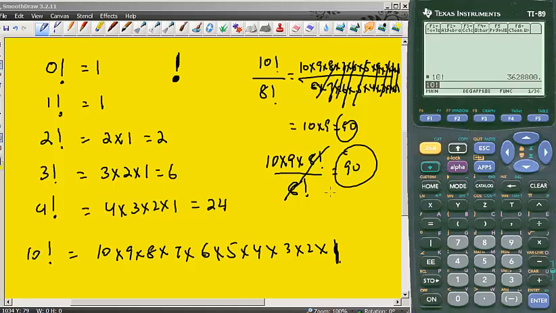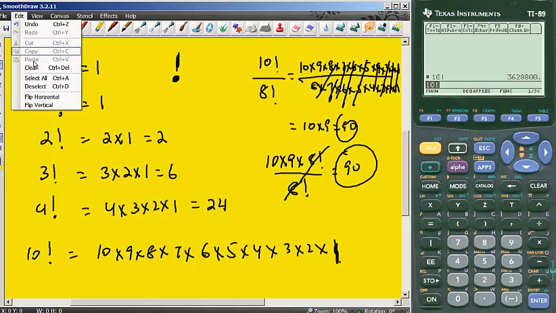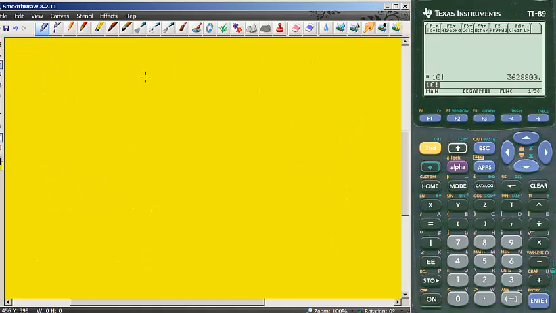Now, this is NCR. For example, let's say I have 10 factorial over 7 factorial times 3 factorial. This is known as a combination. Okay?